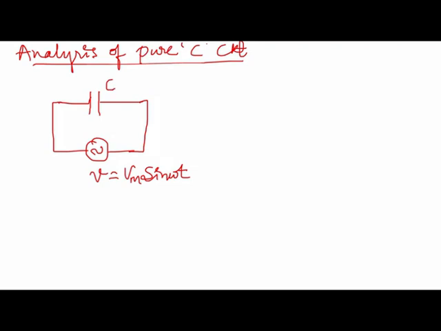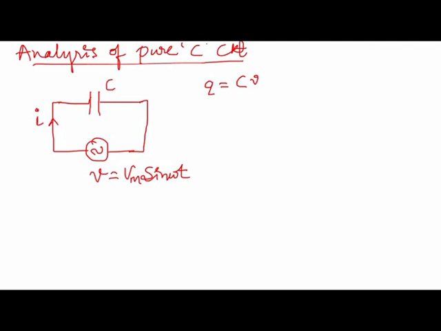The capacitance of this capacitor is C. Whenever we apply voltage to a capacitor, current starts flowing and charges get accumulated on the capacitor plates, which is given by the charge Q. We know this already: charge Q is equal to the capacitance times the applied voltage V. So Q equals C into V.